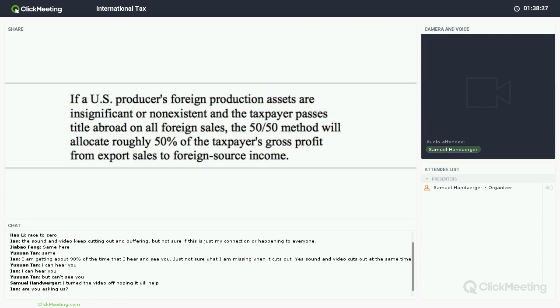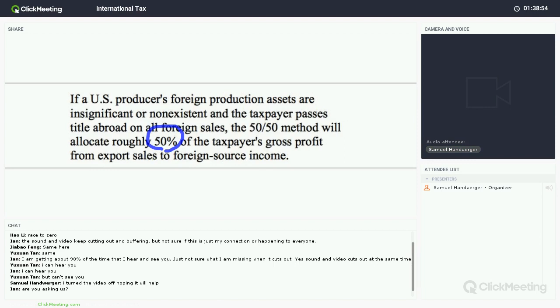Taxpayer passes title to all foreign sales in the foreign country. So the 50-50 method will then allow them to at least take 50% of their gross profit as foreign source. So this is sort of like the worst case scenario, which is not bad. The worst case scenario is really good.